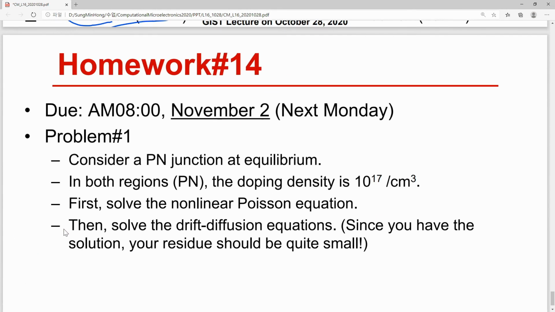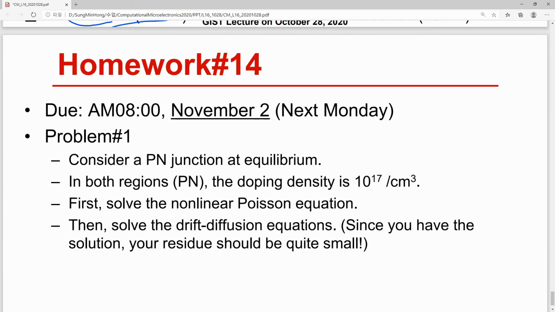That's it. So finally you have homework. It is due next Monday as usual. Today we talked about how you can solve the NNN structure. In that case, we were able to solve only the electron continuity equation.